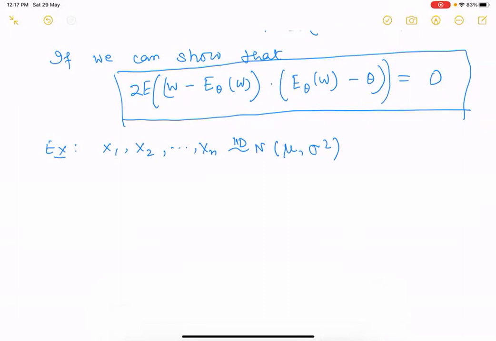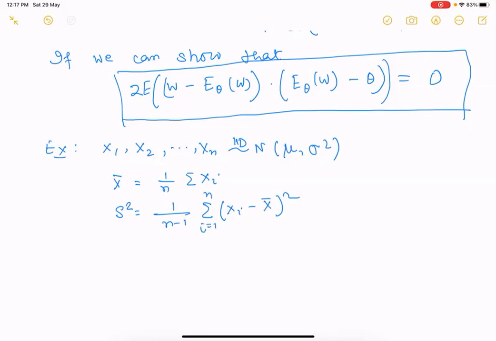Now X bar equals 1 by n summation Xi, and S square is 1 by n minus 1 summation Xi minus X bar square.